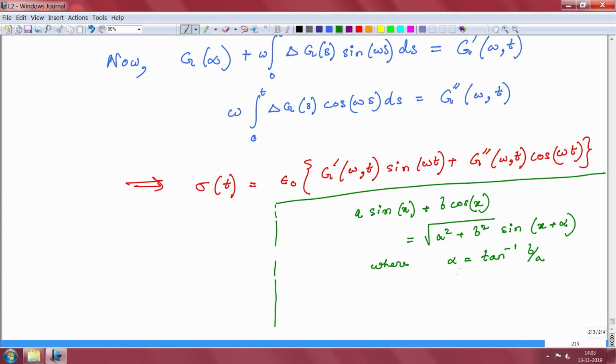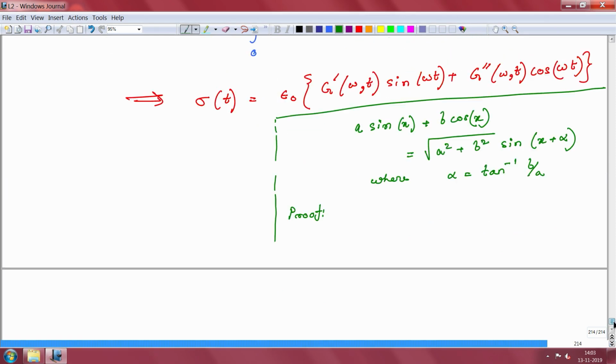Okay. If you want to derive this, the proof I will just outline it, I will not prove the entire thing. If you want to do it, then you write this side as some r times sine of x plus alpha, where alpha and r are to be determined. Right.